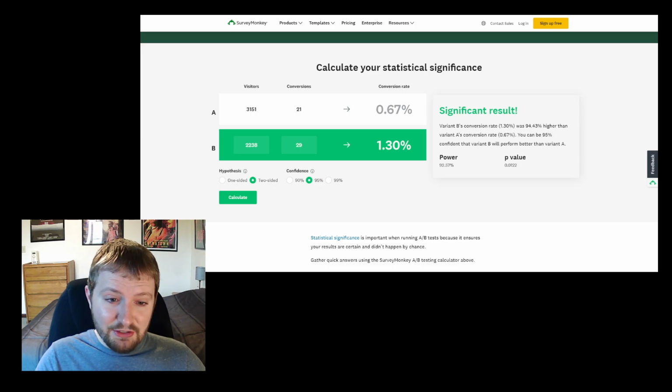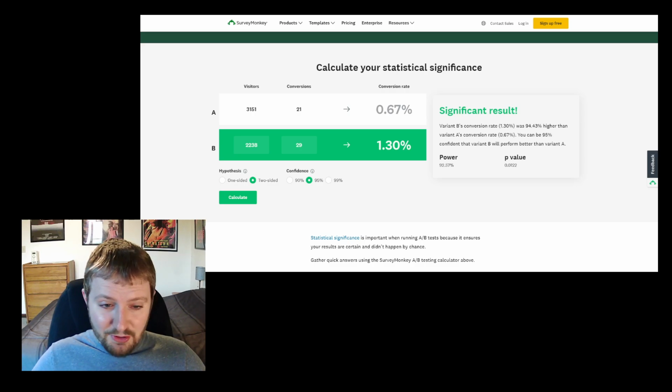And so basically the short version is I plug this into the calculator. Once again, the top row is the interest targeting and the bottom row is the hashtag targeting. You can see that the conversion rate in terms of clicks per person reached was only 0.67% for the interest targeting. For the hashtag targeting, it was 1.3%.